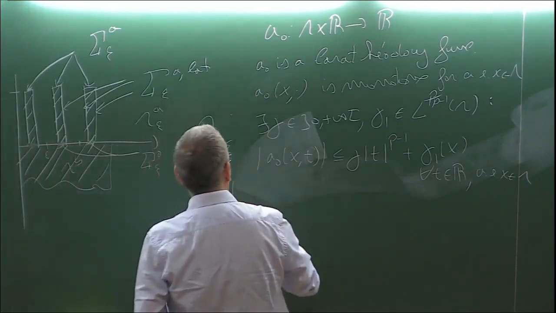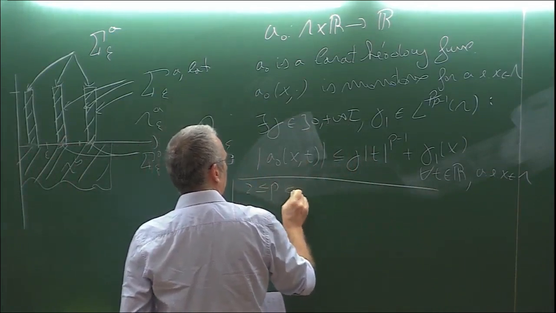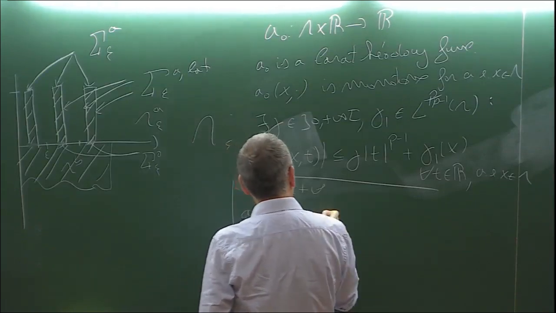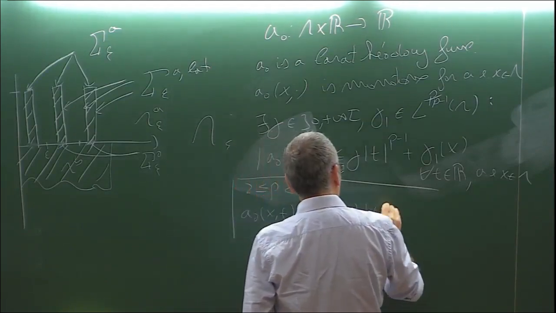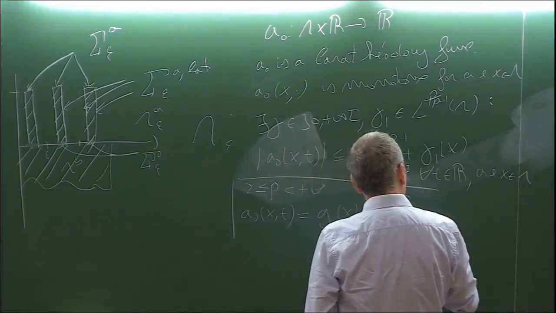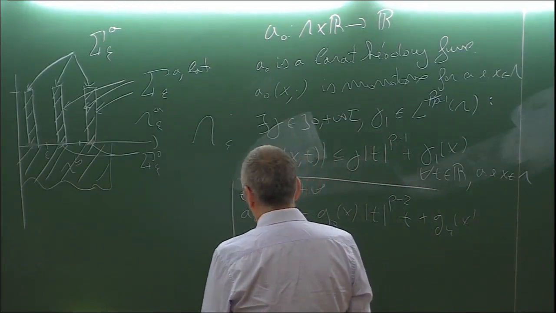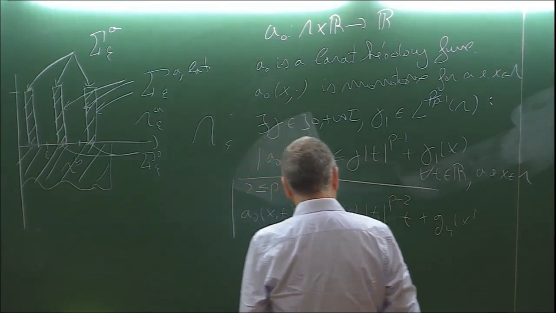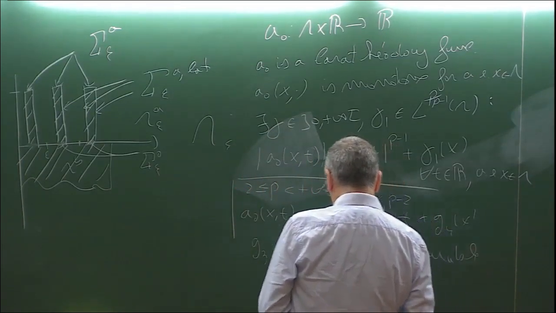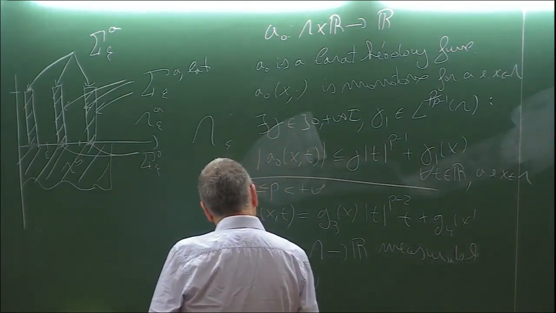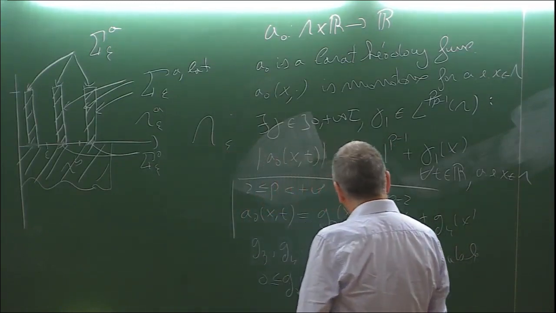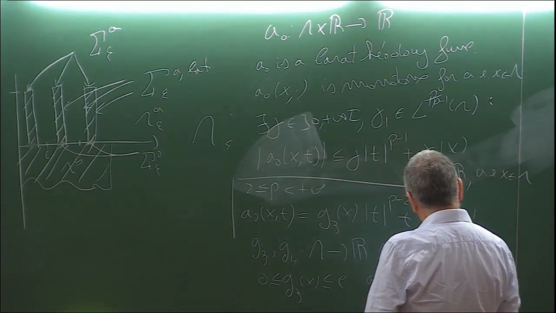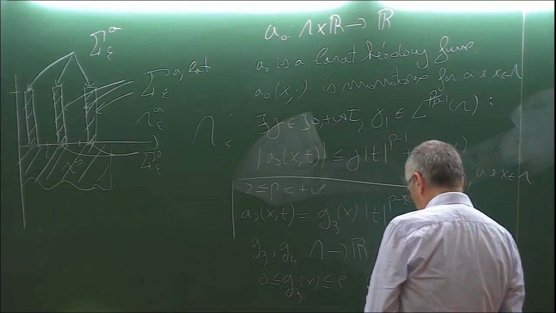For example, if p is greater than or equal to 2 and less than plus infinity, you can choose H0 of (x, t) equal to g3 of x times the modulus of t to the power p minus 2 times t, plus g4 of x, where g3 and g4 are measurable functions from omega to R, g3 of x is greater than or equal to 0 almost everywhere x in omega, and g4 is in L^{p/(p-1)}(omega).